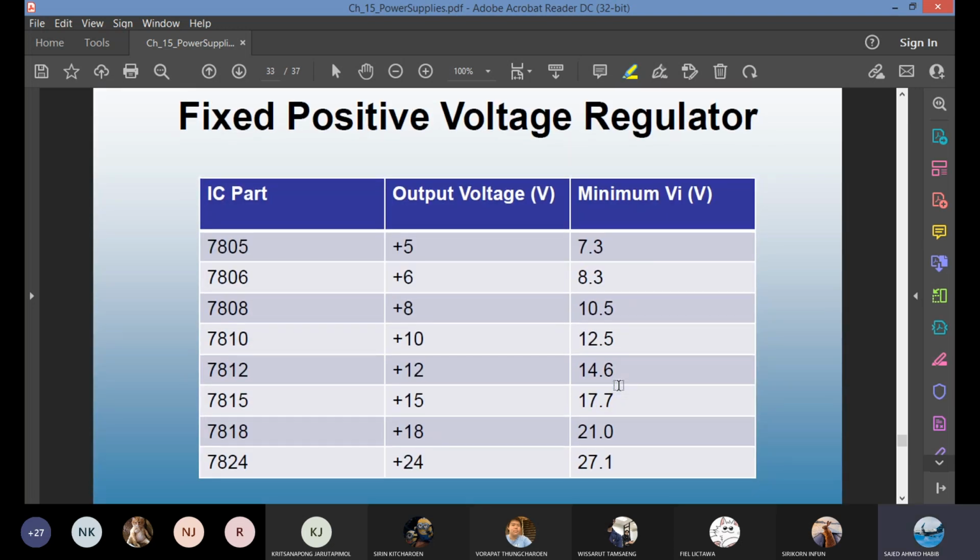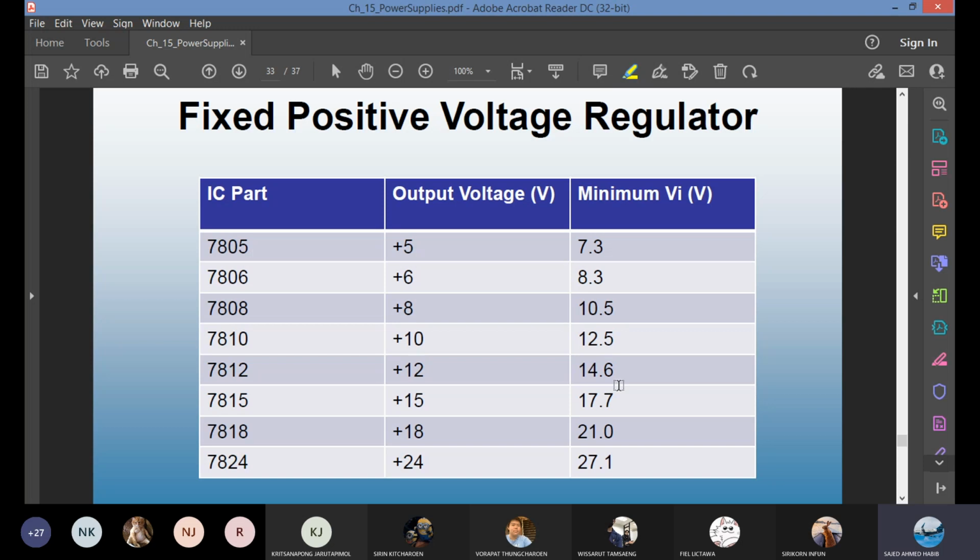This is a table that shows you the different models of voltage regulator ICs with their corresponding output voltages. The part number starts with 78, so it's series 78. The last two digits give you the regulated output voltage that you can get from the IC.